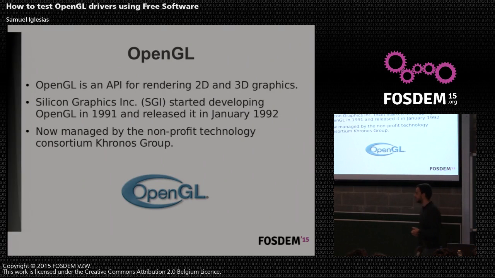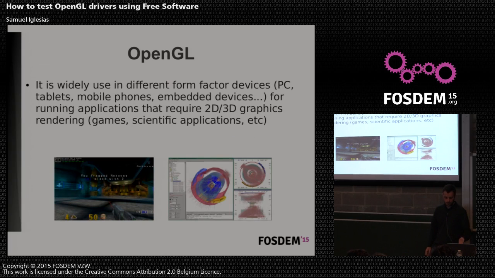OpenGL is an API for rendering 2D and 3D graphics. It was originally designed by Silicon Graphics, but nowadays it is managed by a non-profit technology consortium called Khronos Group. It's widely used in different form-factor devices: PCs, tablets, mobile phones, embedded devices.